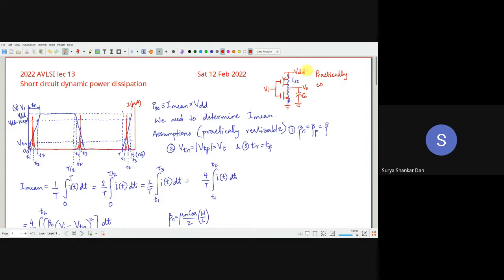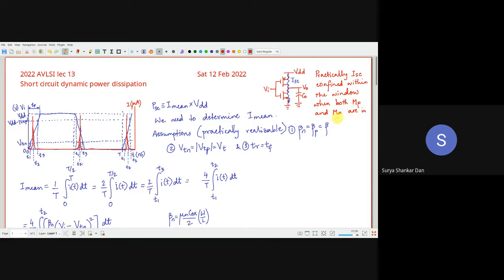Practically, ISC is confined within the window when both MP and MN are in saturation.